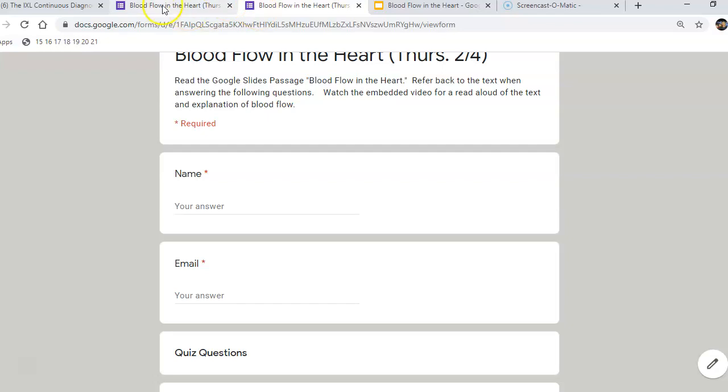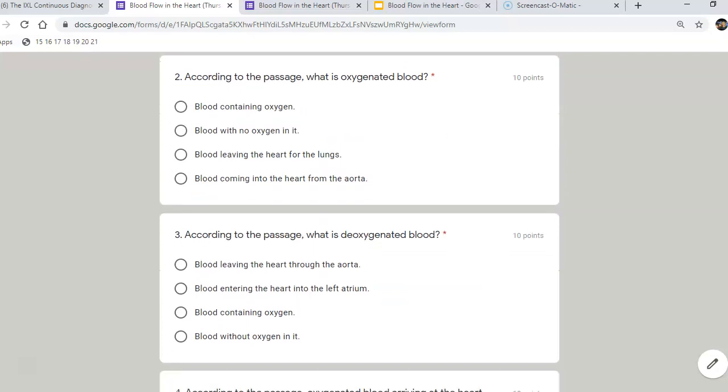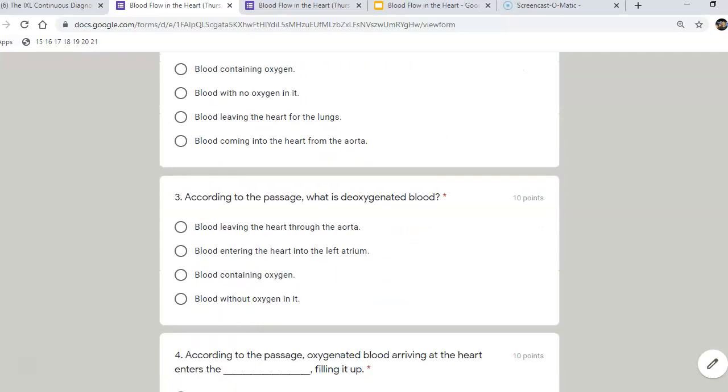All right, so decide whether that is blood leaving the heart through the aorta. Is that what deoxygenated blood means? Blood entering the heart into the left atrium. Blood containing oxygen. Blood without oxygen in it.